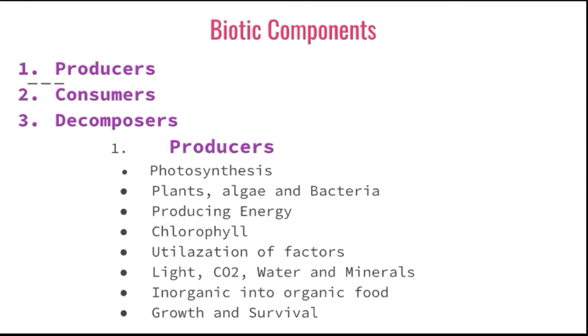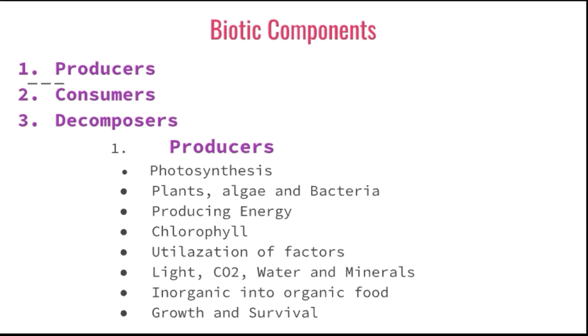This total process is called photosynthesis. All plants and algae as well as these bacteria contain one pigment, called chlorophyll, and with it they synthesize food using abiotic factors like light, CO2, water, minerals, and that total process is called photosynthesis, right?